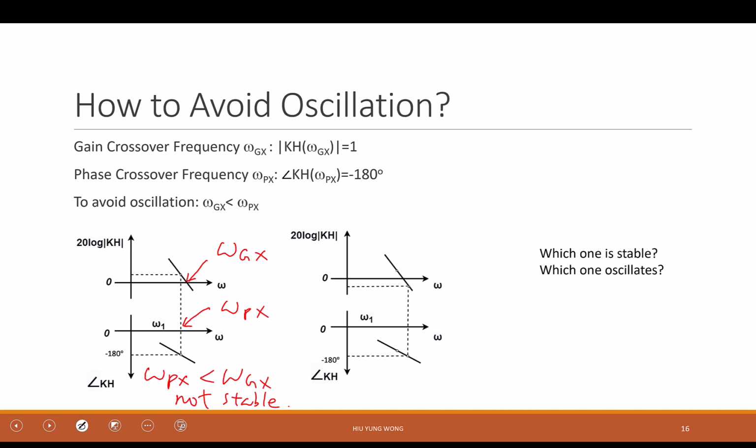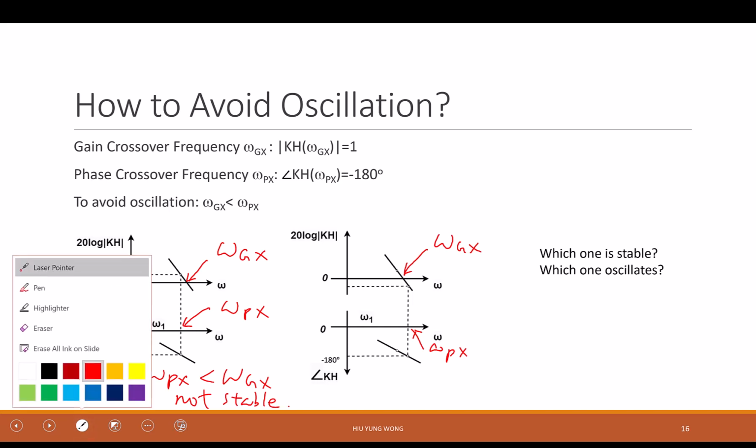Okay, let's look at another situation. This is the gain crossover frequency, and this is the phase crossover frequency. It means that when I reach negative 180, my gain is already smaller than 1, right? Because 0 dB, you just don't have much amplification. Although now you have this positive feedback, there will be no problem.